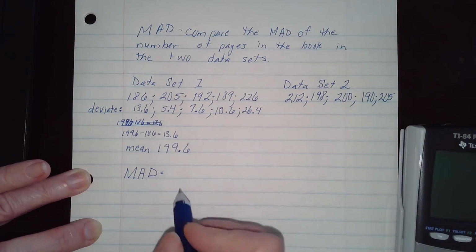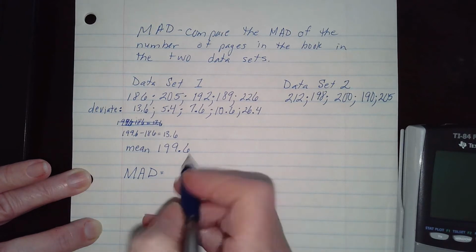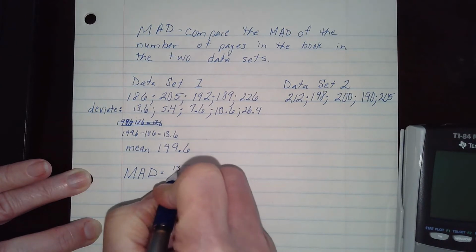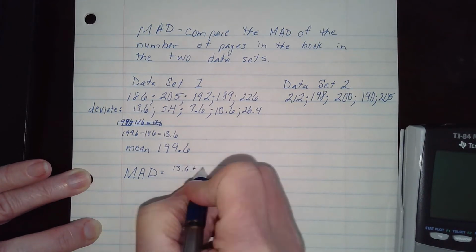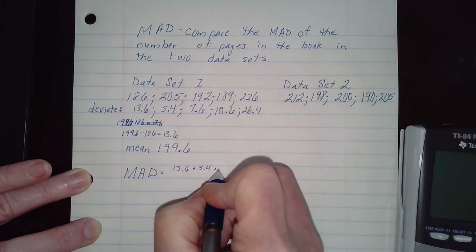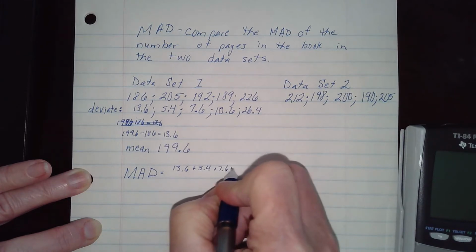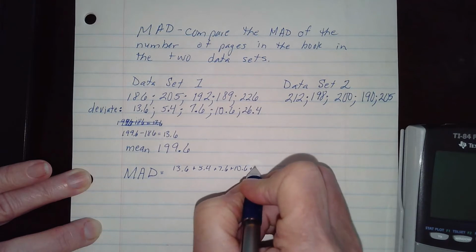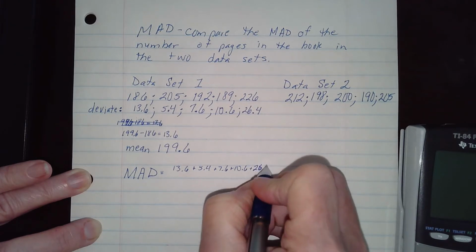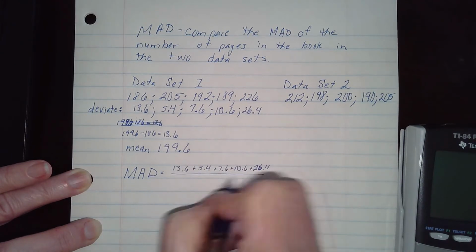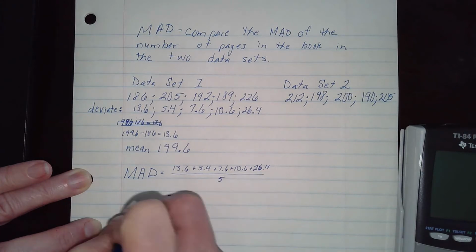So now we're going to calculate the MAD. The MAD would be 13 and 6/10 plus 5 and 4/10 plus 7 and 6/10 plus 10 and 6/10 plus 26 and 4/10 divided by 5.